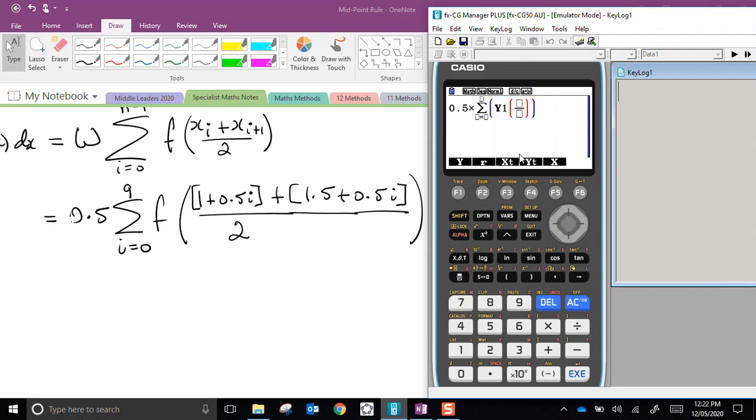Inside the red brackets I want to have a quotient, and I want to have 1 plus 0.5i. Let's try another little pair of brackets. 1 plus 0.5, and I'll put i there, alpha i, as a variable. Close those green brackets, plus a new pair, 1.5 plus 0.5i.